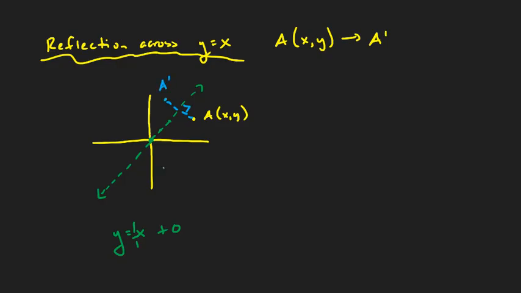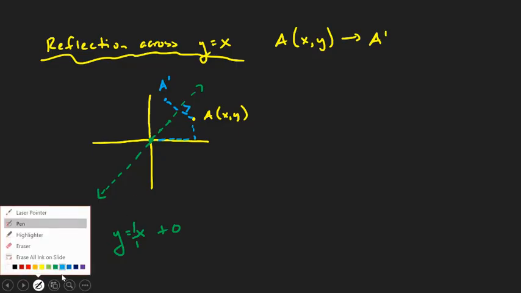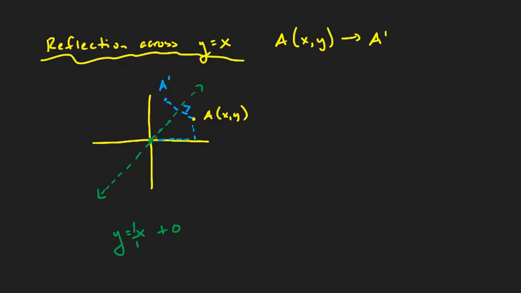Okay, now to get the coordinates of A prime, all you have to do, and I want you to think about this, right? To get over to A, you have to go to the right so many and up so many. To get to A prime, it looks like you only have to go to the right a little bit, but then you have to go up a lot more.